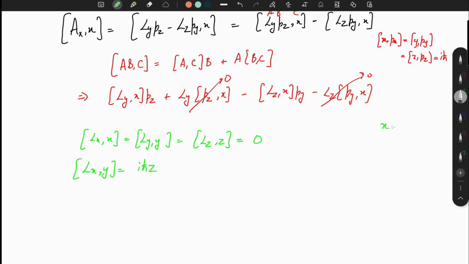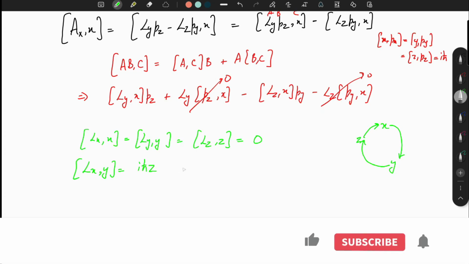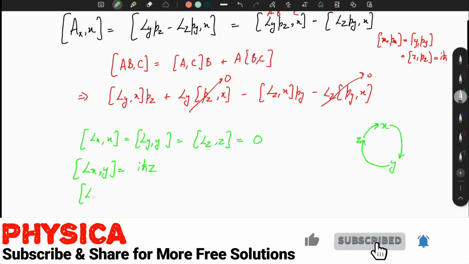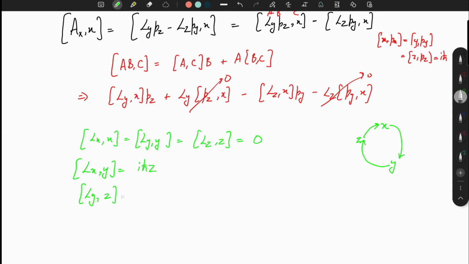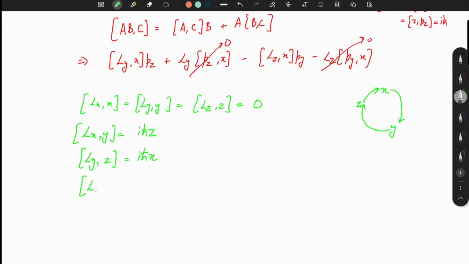So first x will come, then y, and then z, and then from z to x. So this will be in cyclic order. Likewise the commutator of Ly comma z: after y and z comes x, so i h cross x. Likewise the commutator of Lz comma x will be equal to i h cross y.